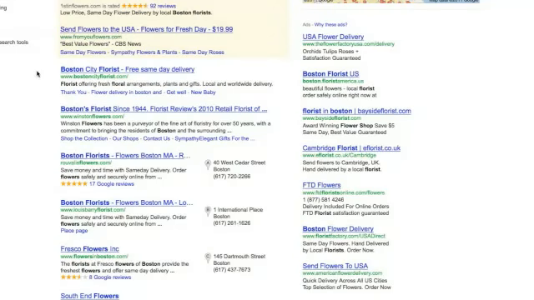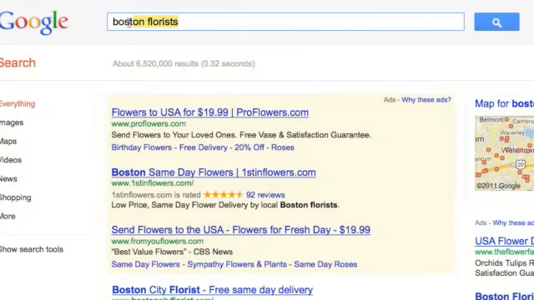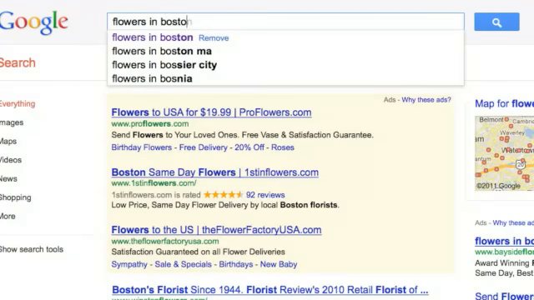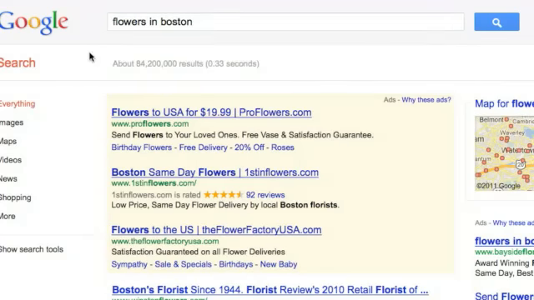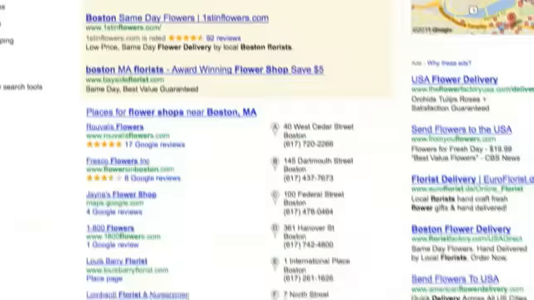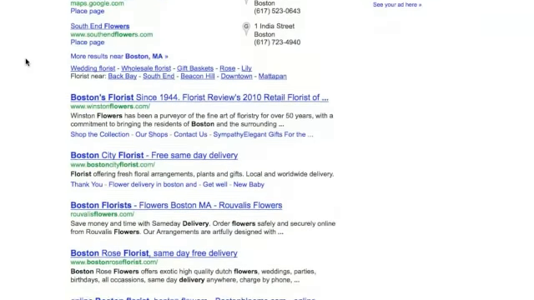But let's not stop here. Okay, so you're a Boston florist. But how many people, when searching for a business like yours, will type in precisely Boston florist? Some, maybe, but certainly not all. If I were sitting there in front of my computer in Boston, I personally would type in something like flowers in Boston. Or maybe Boston flower shops. And you'll see that in each case we get slightly different results.